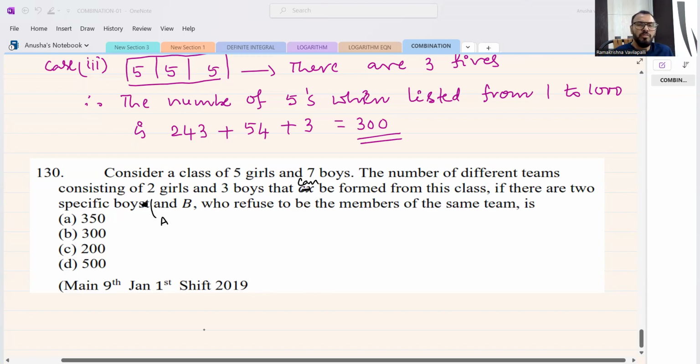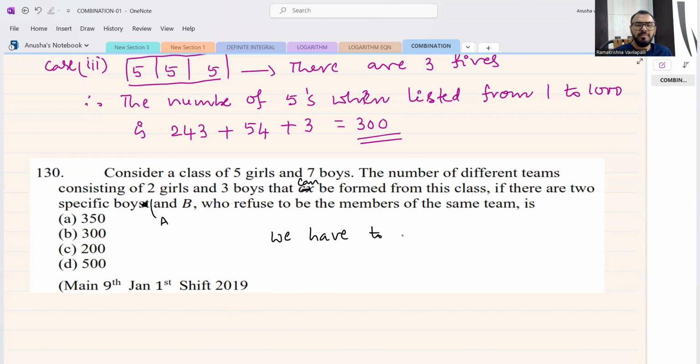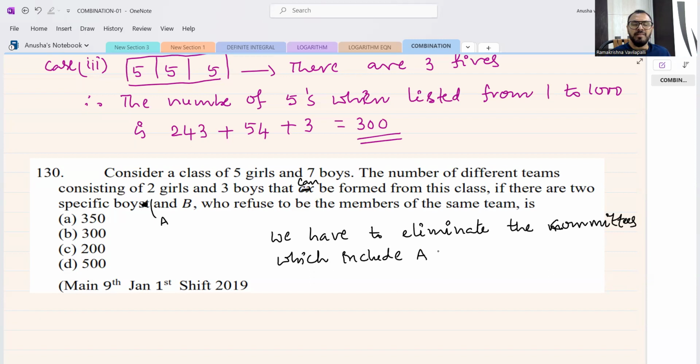So we have to eliminate the number of committees which include A and B from the total number of committees.